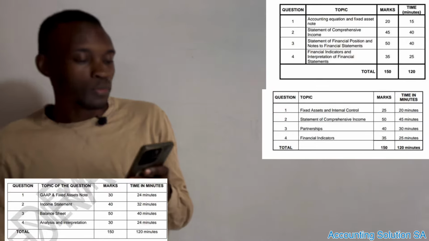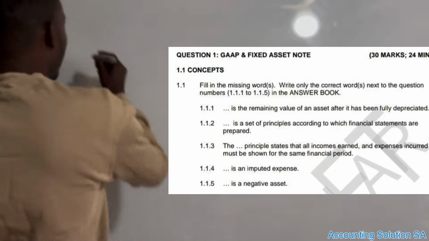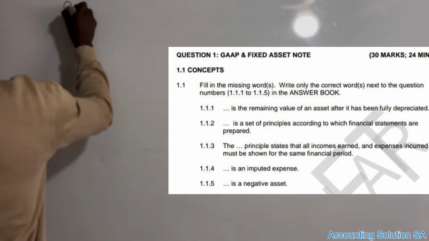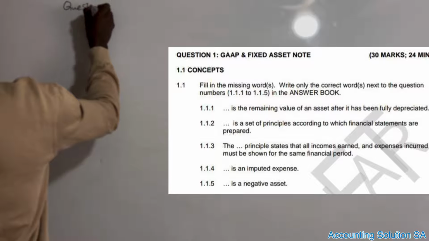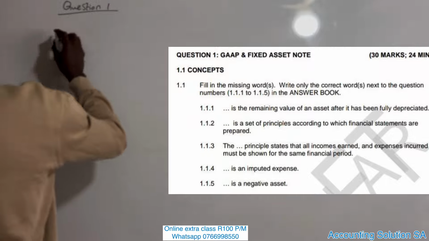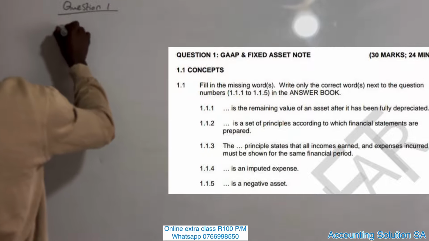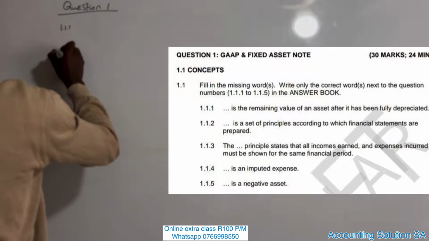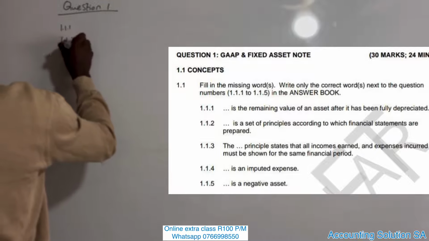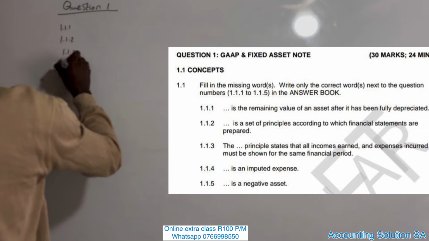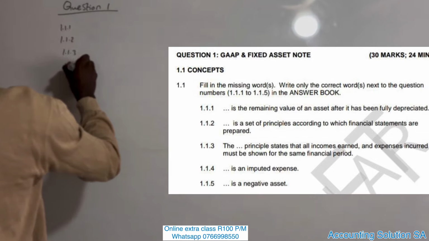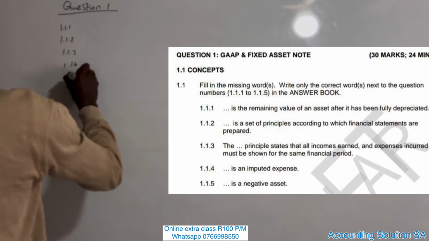The question was question 1 in this question paper, 1.1.1, 1.1.2, 1.1.3, 1.1.4 and 1.1.5.